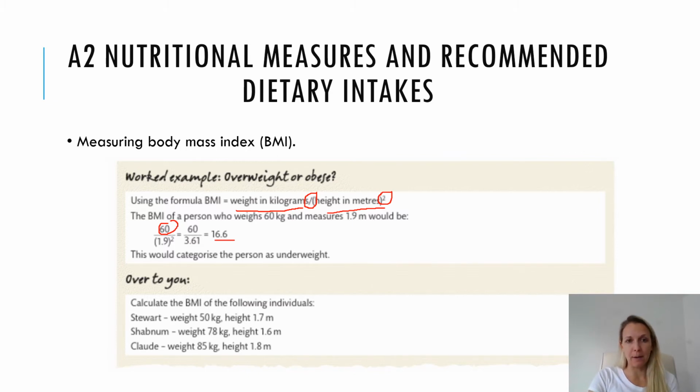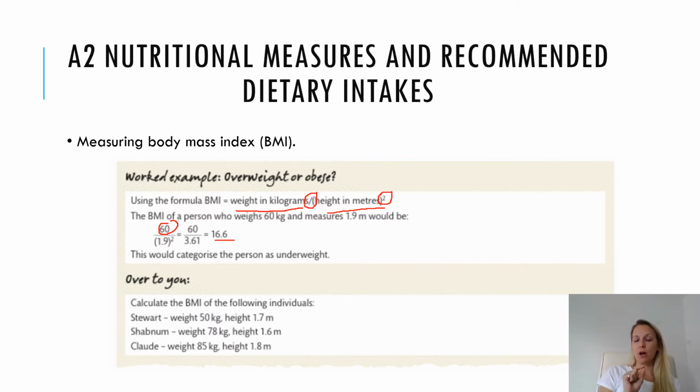We'll be looking at the BMI. What you do is you take their weight in kilograms. So how much do you weigh in kilograms? This one is 60. We're then going to divide it by their height in meters squared. So that little 2 up there.